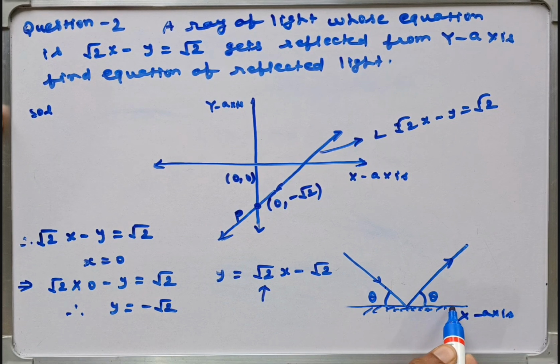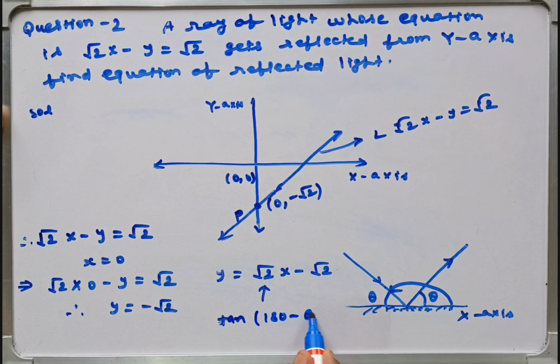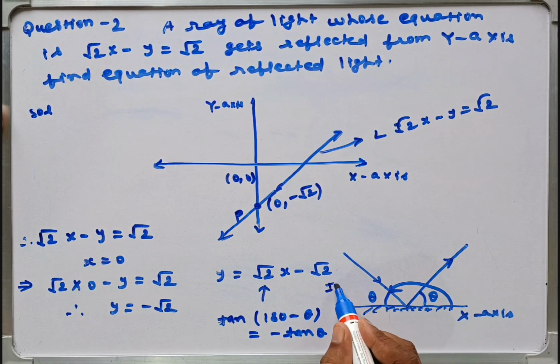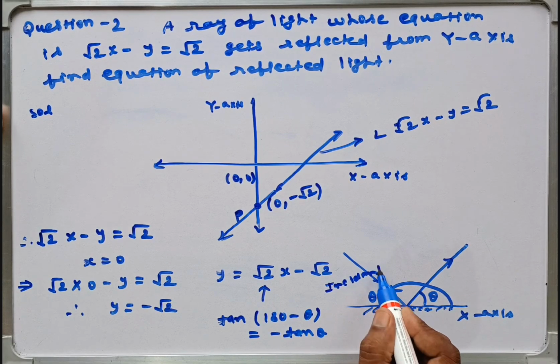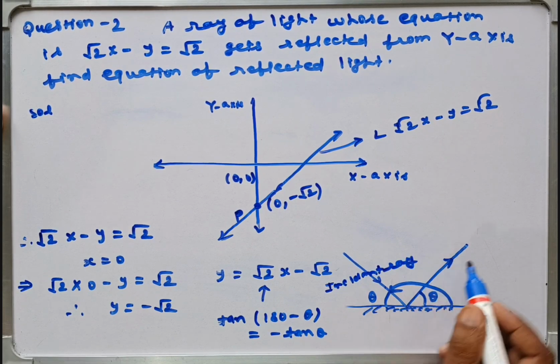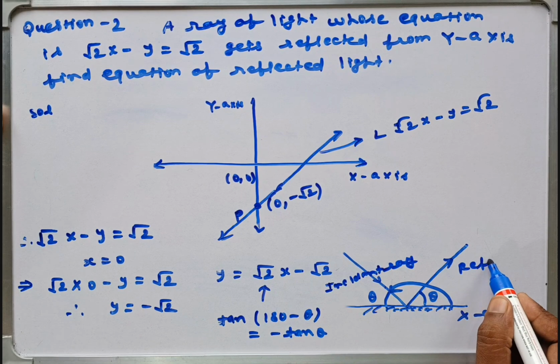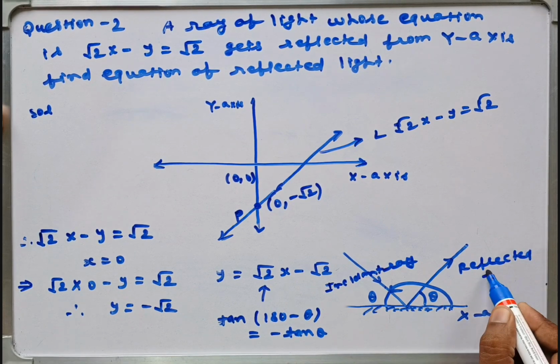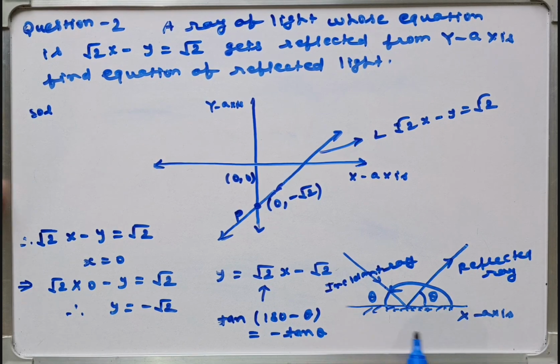So this angle will give tan of 180 minus theta, which will come minus tan theta. This one is the incident ray and this one is the reflected ray, so the gradient value of the reflected ray equals tan theta.